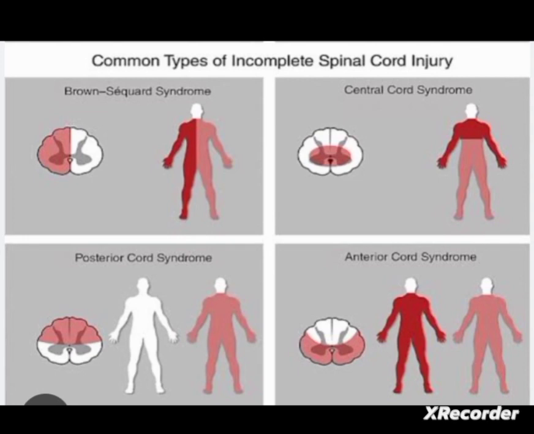Incomplete cord syndrome is classified based on the lesions of involvement: central cord syndrome, anterior cord syndrome, posterior cord syndrome, Brown-Sequard syndrome, cauda equina syndrome and conus medullaris syndrome. So these are the 6 syndromes based on the incomplete spinal cord injury.